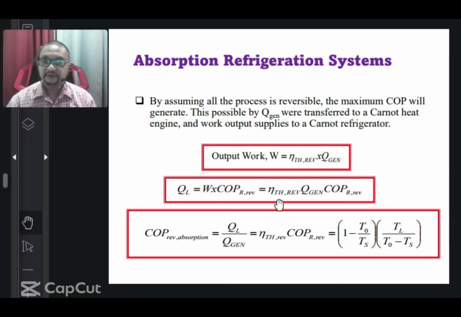So it equals thermal efficiency reversible times Q generation times COP of the refrigerator. So the COP for this absorption refrigeration, using this formula and simplifying, you will get (1 minus TO over TS) times TL over (TO minus TL).